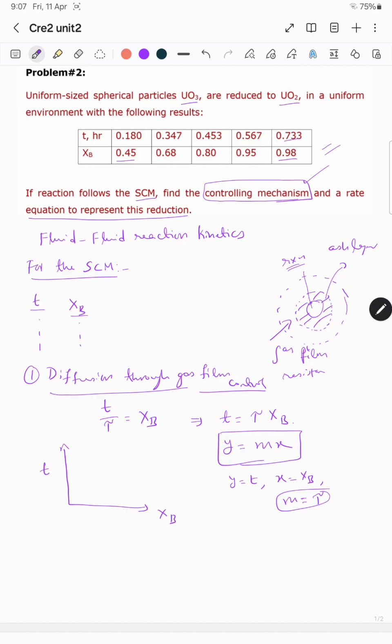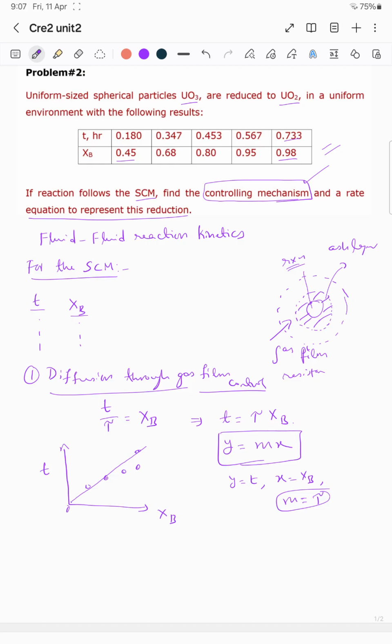Once you plot the graph, you will get a graph something like this. All these points, if you join from the origin point, you don't get a linear line. You can try: as the data is already given, you can plot a graph and check whether all the points lie on a line from the origin, whether it is fitting or not.